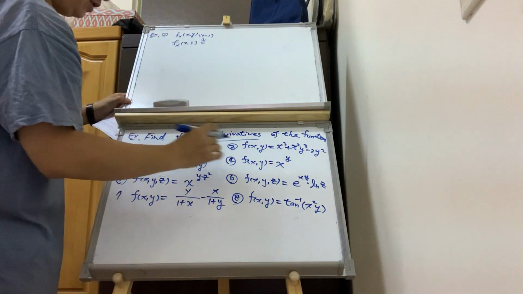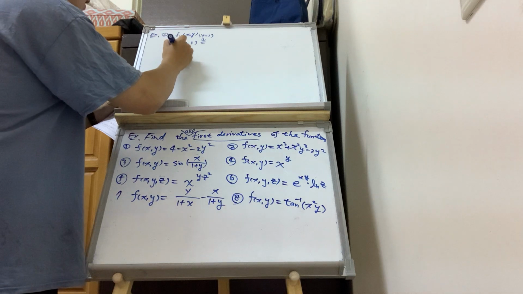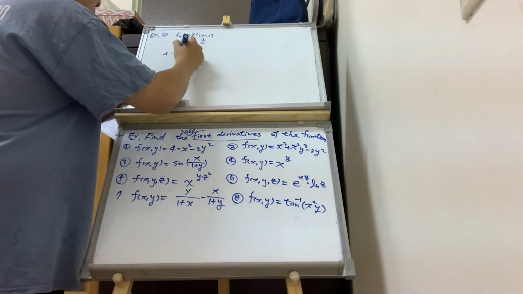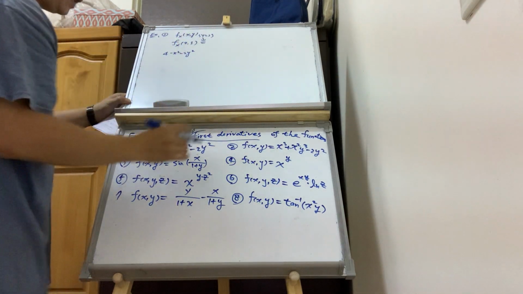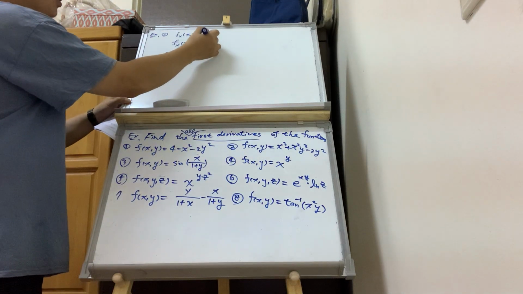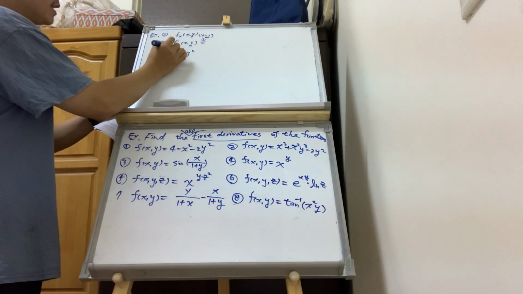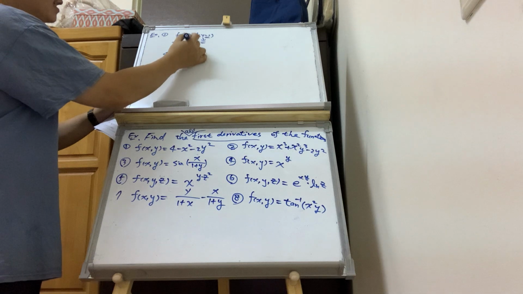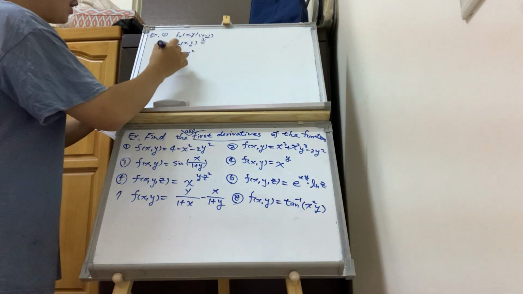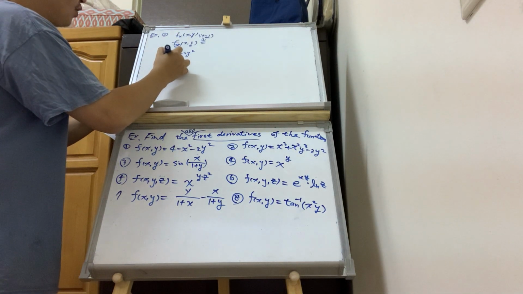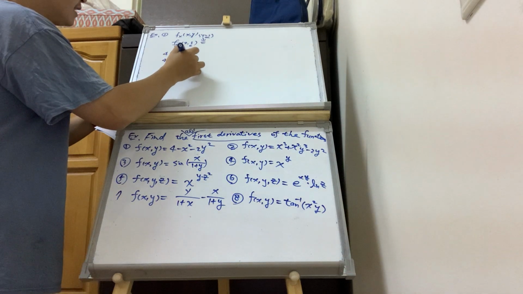Consider the function 4 subtract x squared subtract 2y squared. We fix the y value to be a constant. When we consider the variable x, we fix y and let y be 3. So actually you could view it this way: 4 subtract x squared subtract 2 times 3 squared.